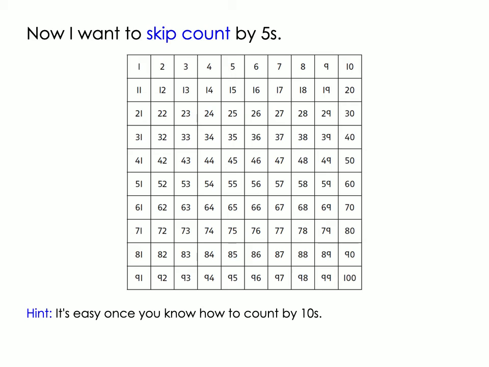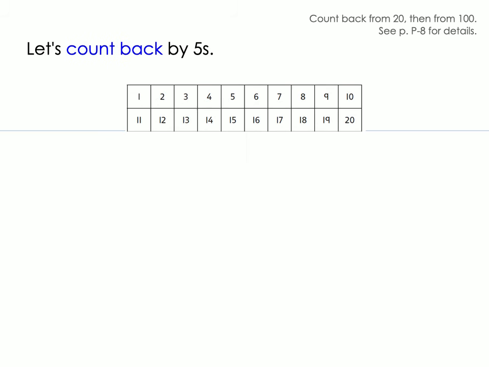But can we also count backwards by fives? So let's say we're starting at 20. And we're going to count backwards by fives. We wouldn't go from 20 to 10. We would go down to, that's right, 15. And then to 10. And then to 5.